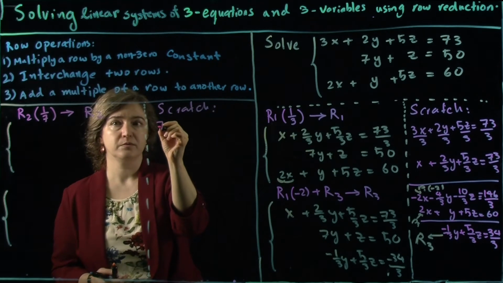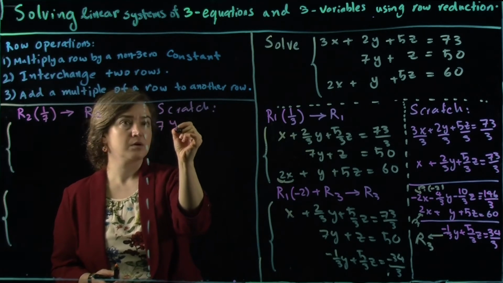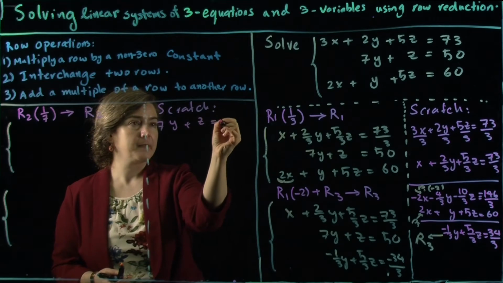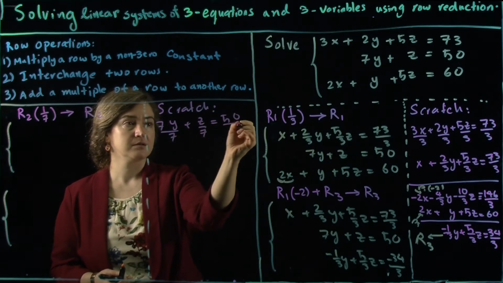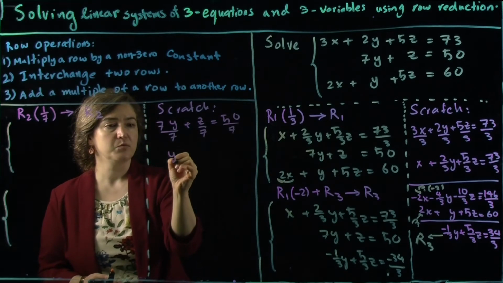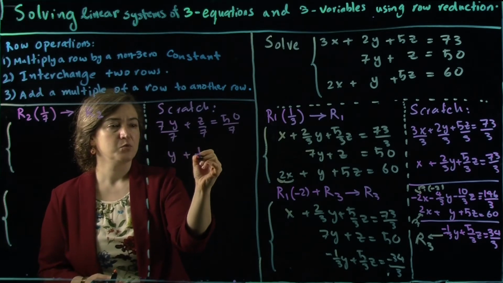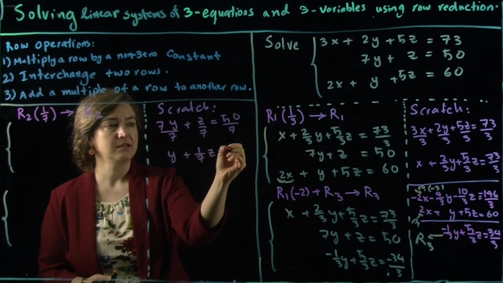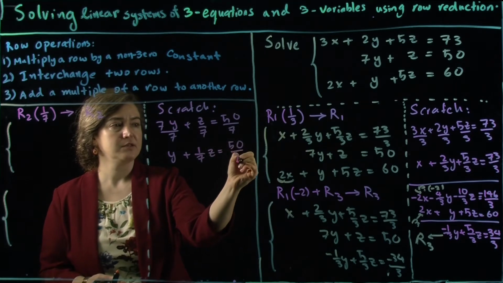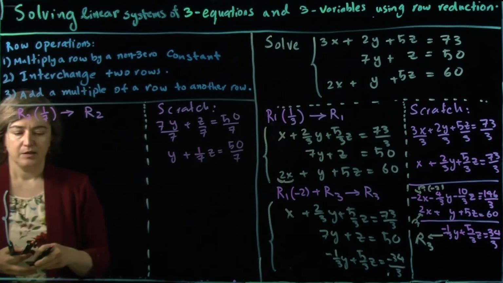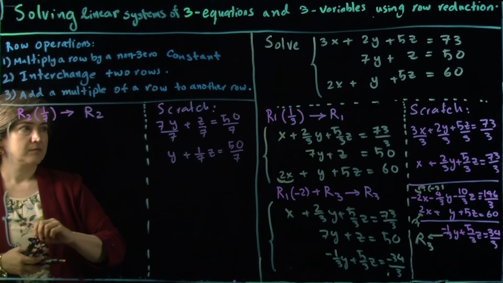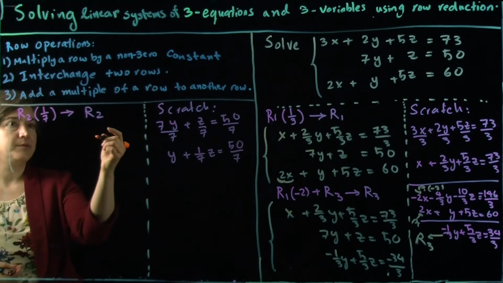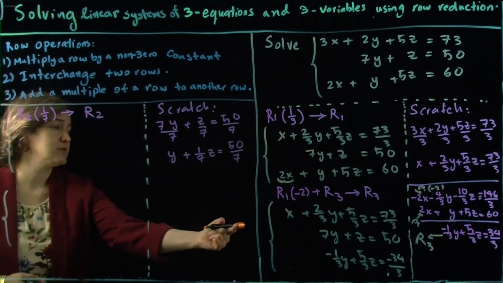Row 2 divided by 7, which gives me y plus 1/7 z equal to 50 over 7. So let's go back in here, and I want to replace. Row 1 is going to stay the same.